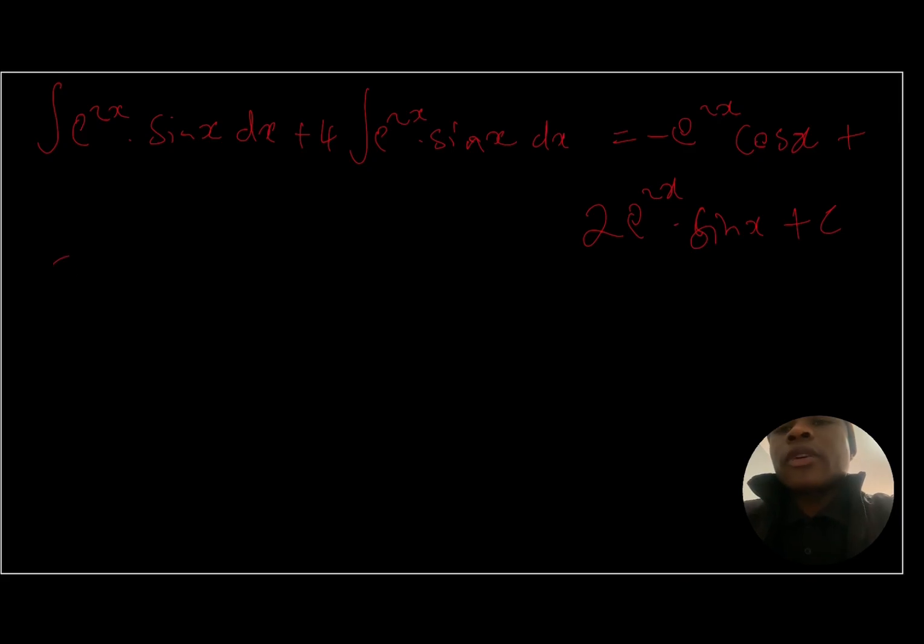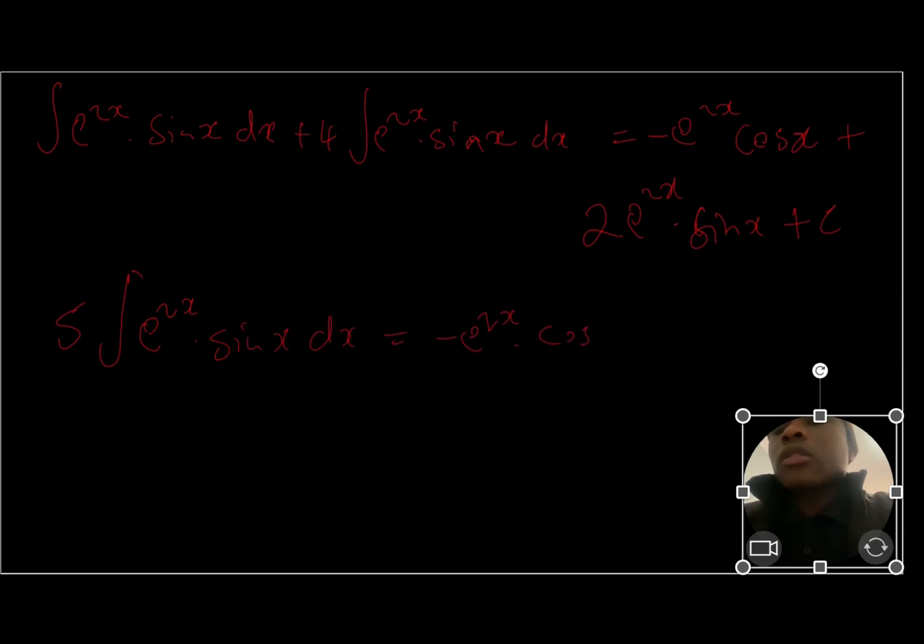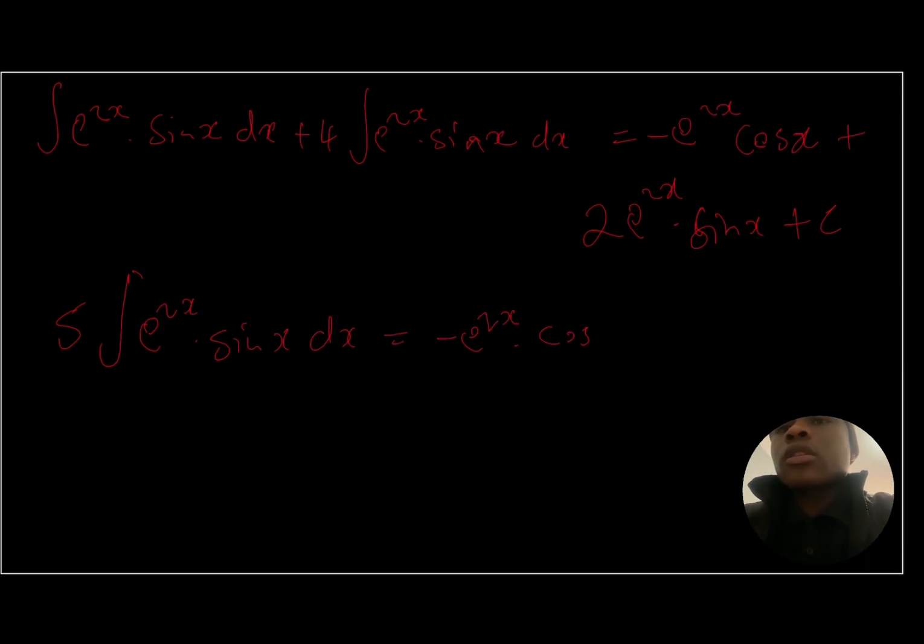Therefore, when we add this, it will be 5. Let me write it down quickly. It will be 5 integral of e to the 2x sin x dx equal to e to the 2x times negative cos x plus 2 sin x plus c, right?